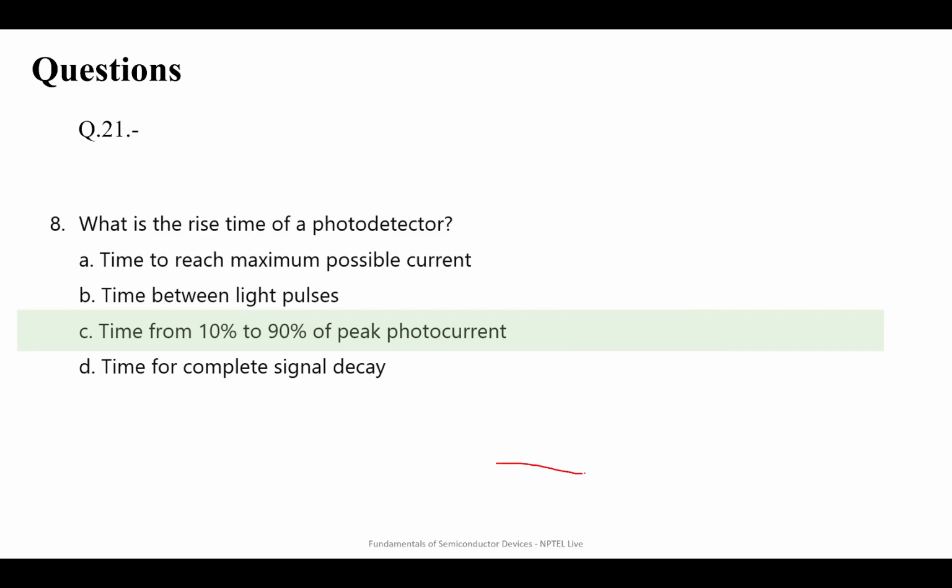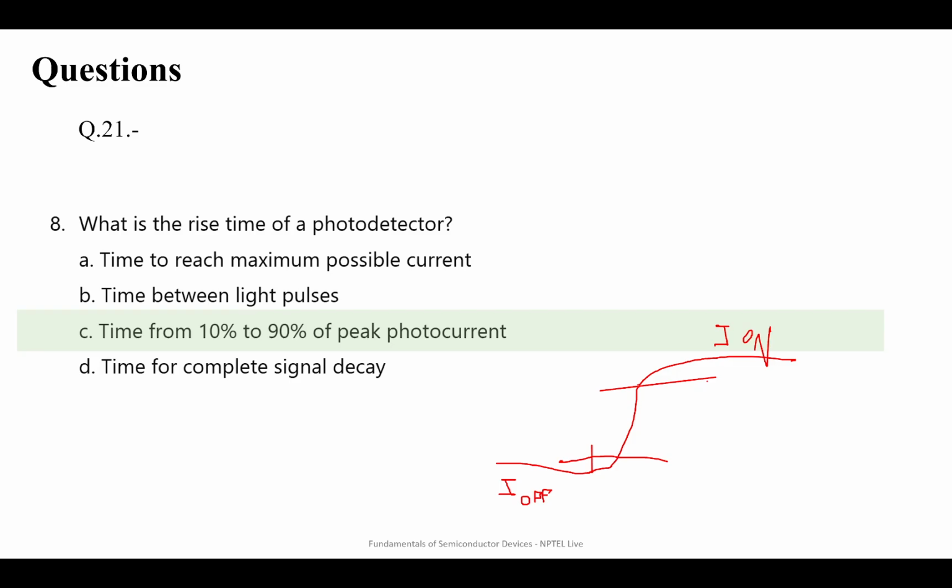so this is my off current. Suddenly I turn on my light, so it will go like this. This is my I off, and this is my I on. And so this is 90% of I on, and this is 10% of I on.